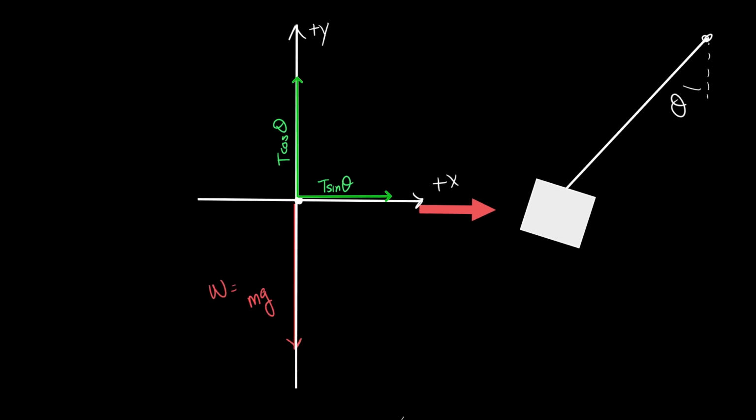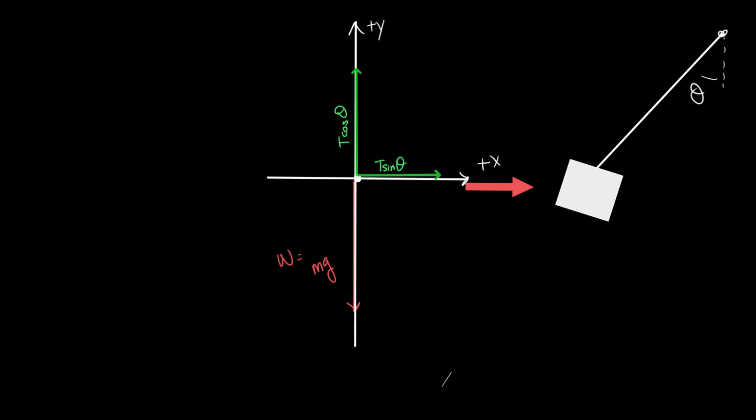With that being said, I'm going to apply Newton's laws now. Net force in the x direction, net force in the y direction. Which one of these is 0, or are they both 0? Y is 0. The object accelerates with the car to the right. So that suggests that net force in the x direction is ma.